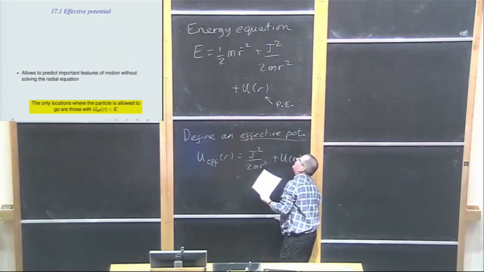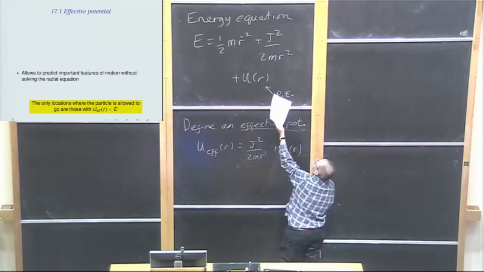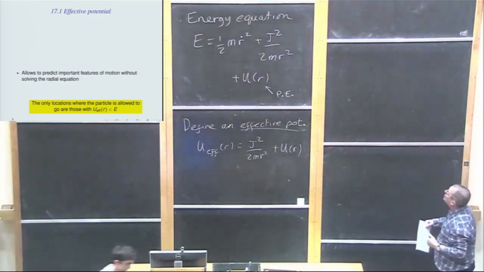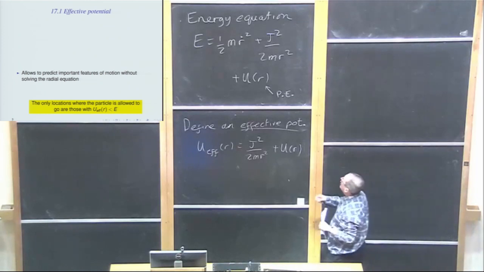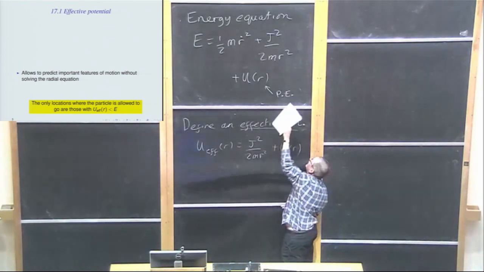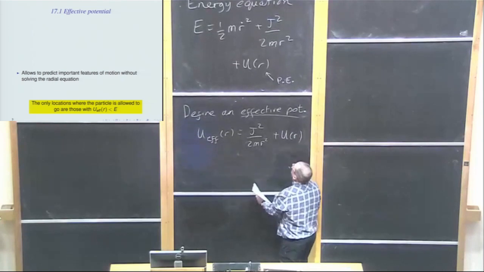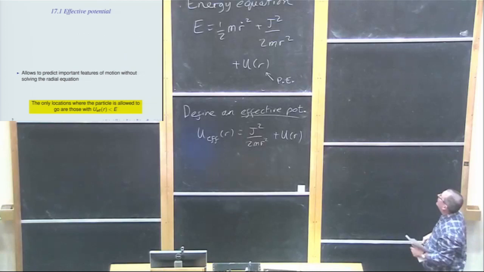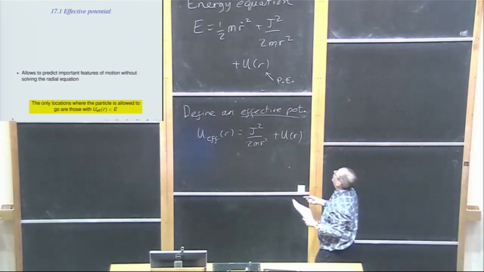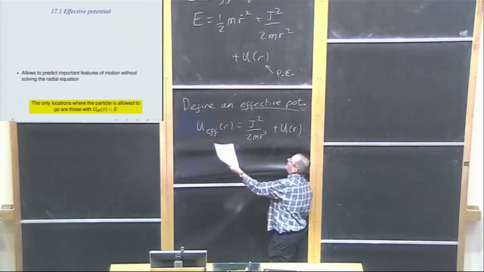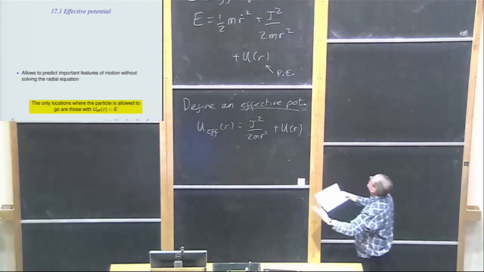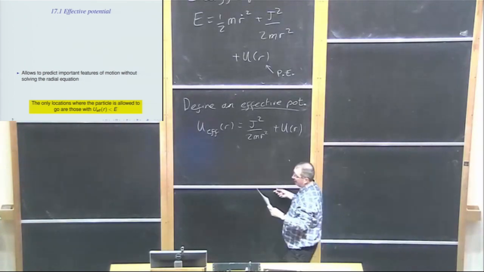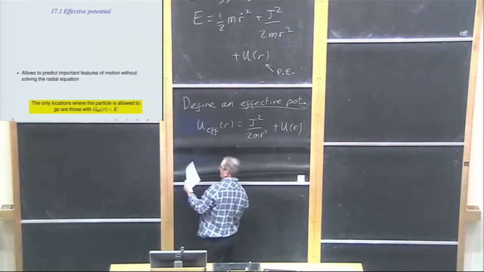Just to labour the point again, this second term is, in reality, a kinetic energy term to do with the azimuthal motion, but because of the nature of the central potential, we can write it in that form, and now it has no apparent dependence on velocity. It only depends on r, so that encourages us to bring it into the potential energy, and we define this effective potential.